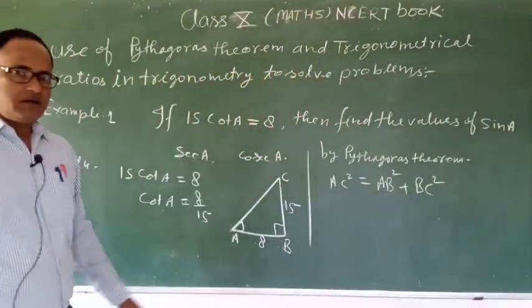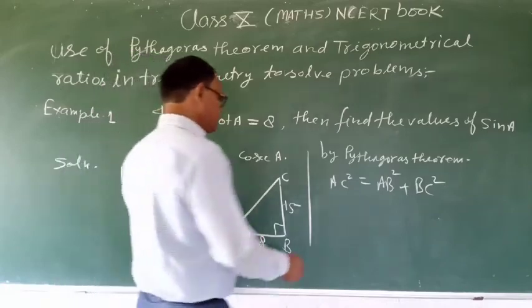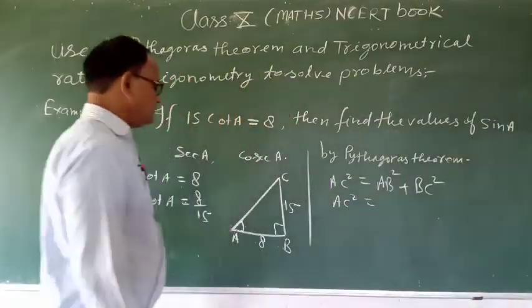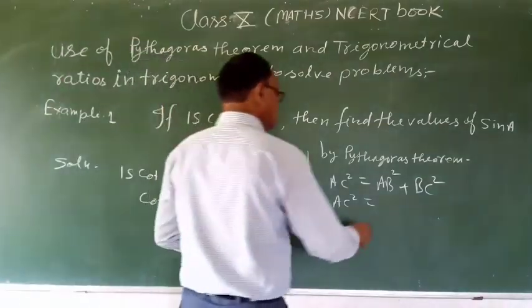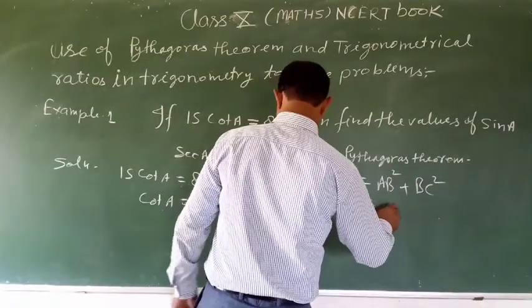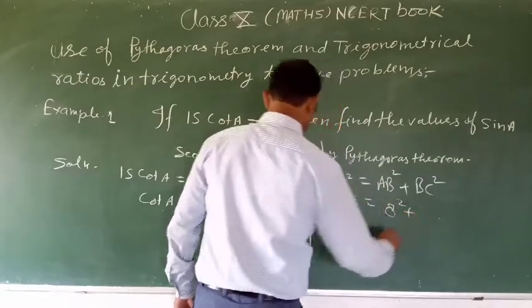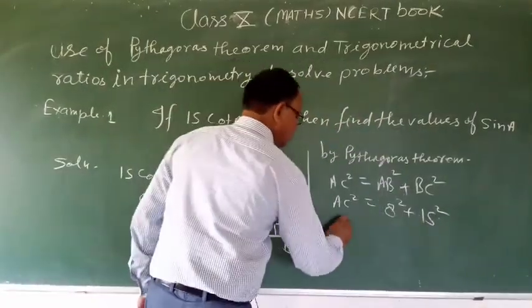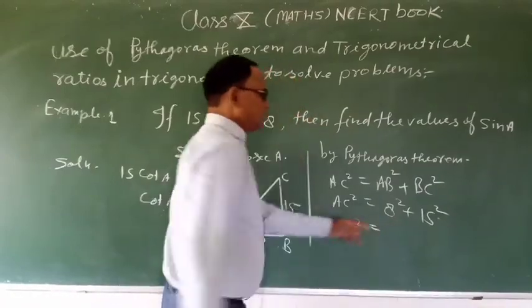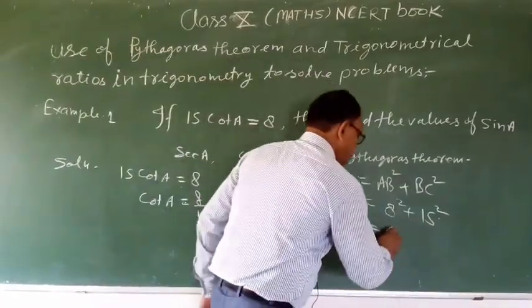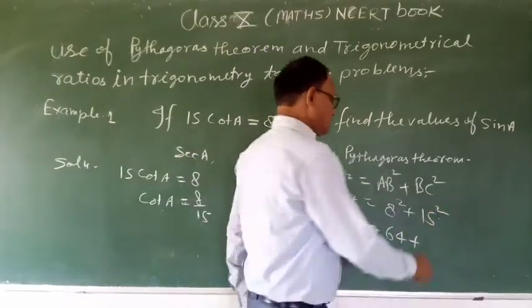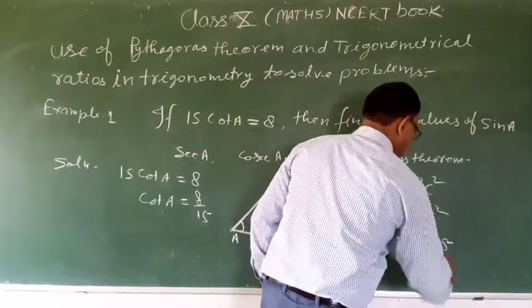Okay students, here AC square is equal to 8 square plus 15 square. 8 square is 64 and 15 into 15 is 225.